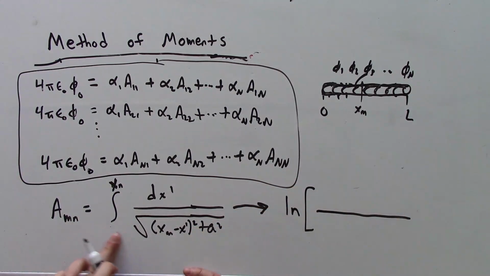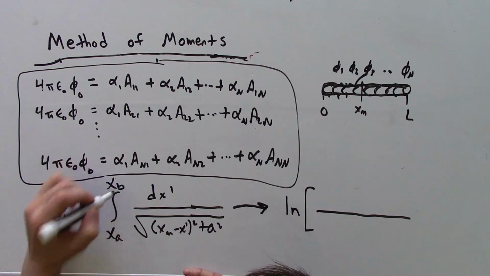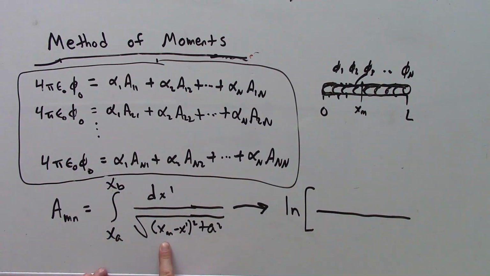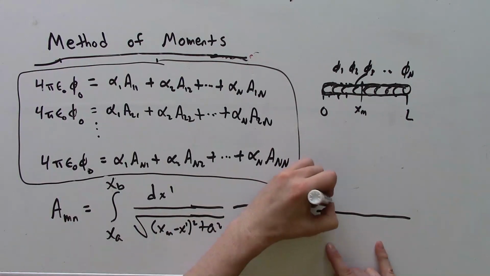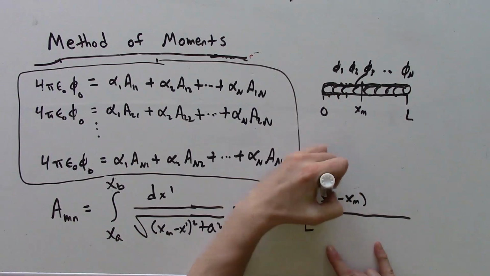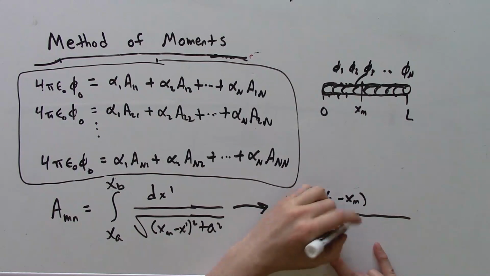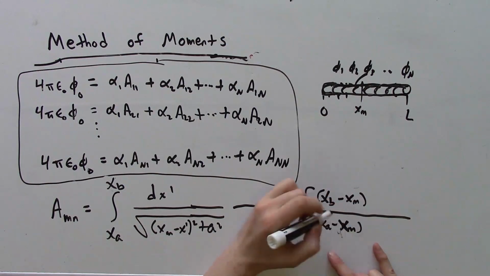So I'm going to replace this with x sub a, and then I'm going to call this x sub b. And you notice there's an x sub m over here. All right, so let's write that out. X sub b minus x sub m, and there's an x sub a minus x sub m, like so.